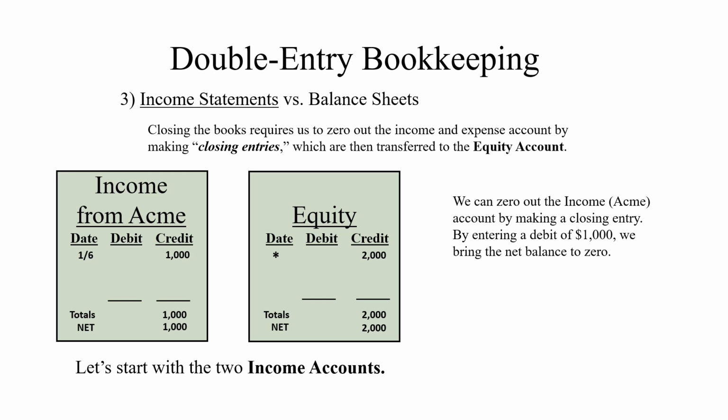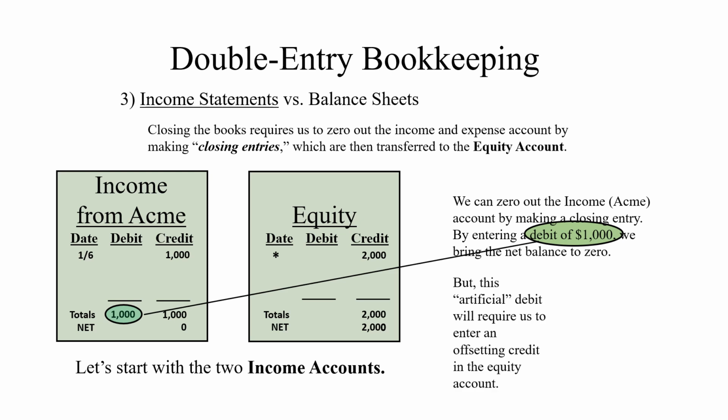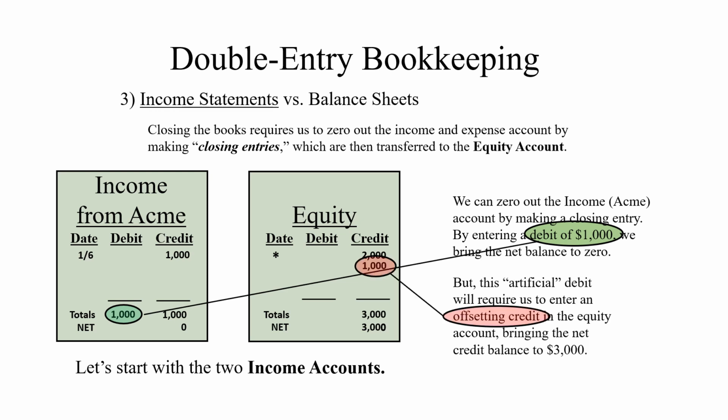By entering a debit of $1,000, we bring the net balance to zero. But this artificial debit will require us to enter an offsetting credit in the equity account. There's the offsetting credit in the equity account, bringing the net credit balance so far to $3,000.